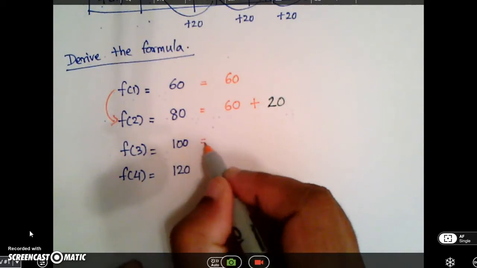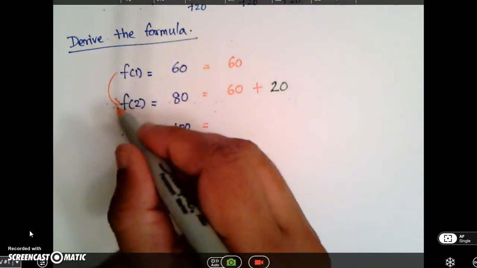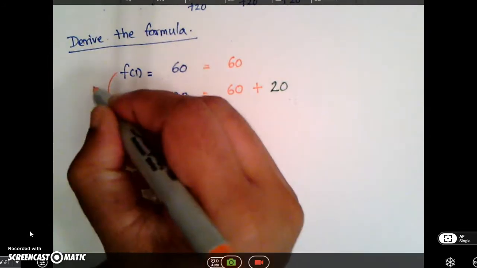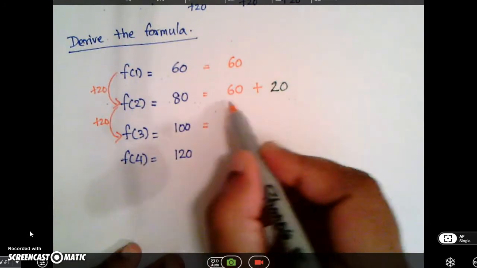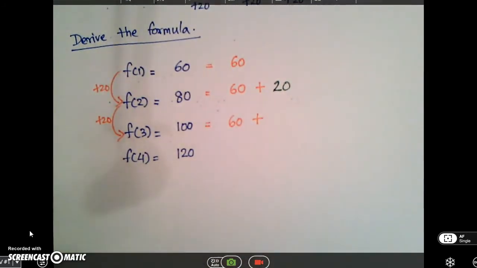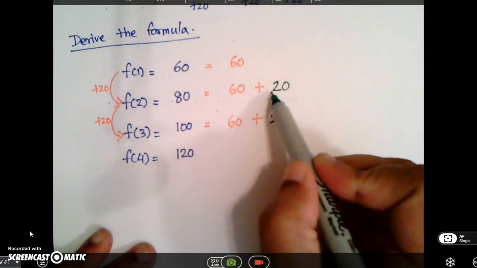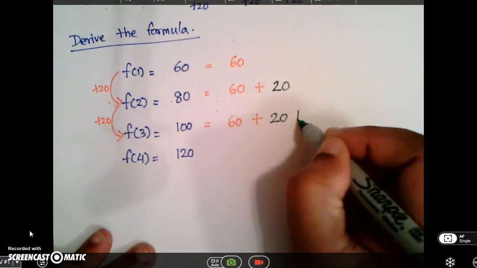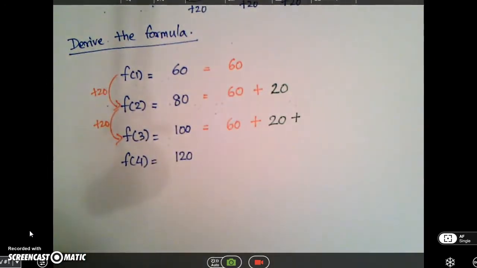For my third term, I have this 80, and going from here to here, I have to add another 20. So I have 60, plus a 20 from my previous term, and I have to add another 20.